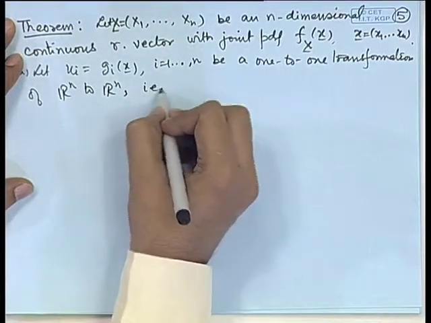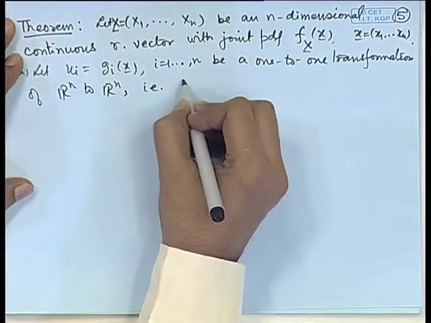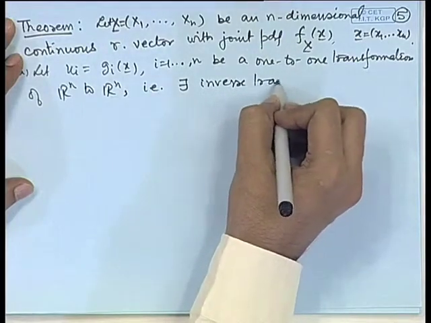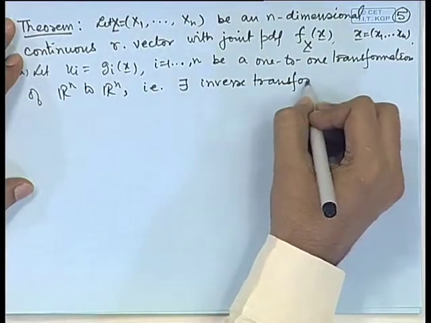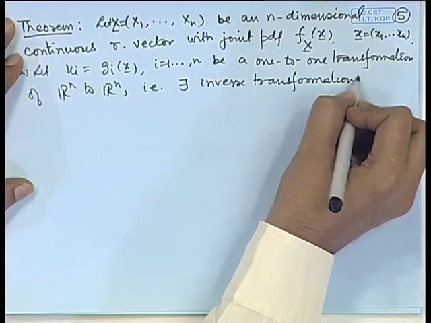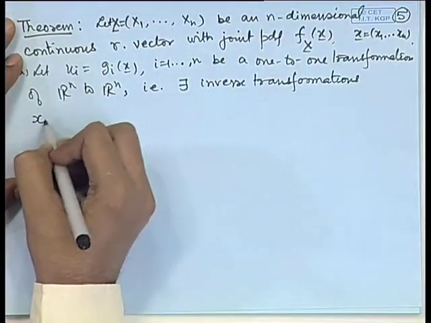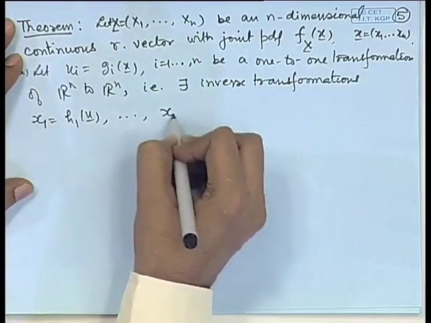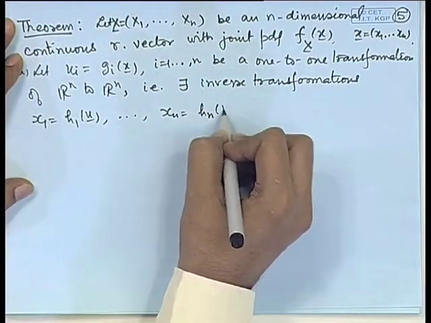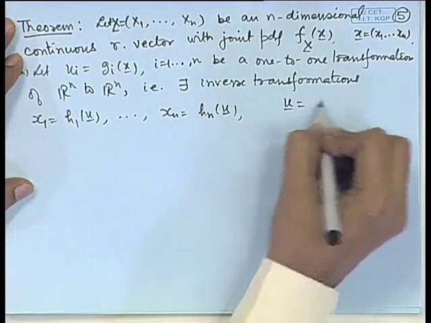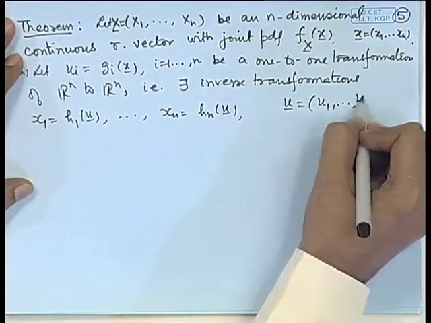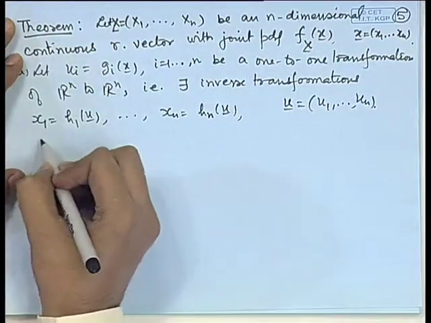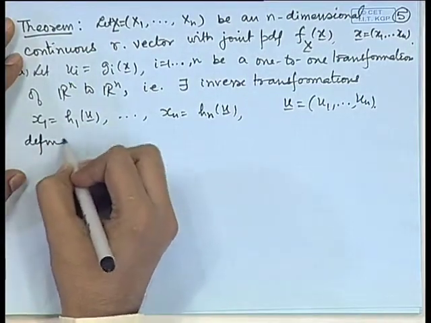That is, if I am taking 1-to-1, then there exist inverse transformations. Let us call them x1 = h1(u) and so on, xn = hn(u), where u is (u1, u2, ..., un), defined over the range of the transformation.